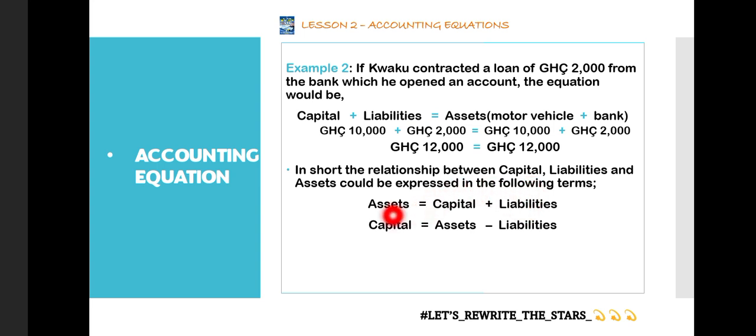So if we want to find that of only the owner, we have to subtract the one which was introduced by other people from the total. In the same way, if you want to get that of the other people, we will have to subtract the owner's capital from the total.